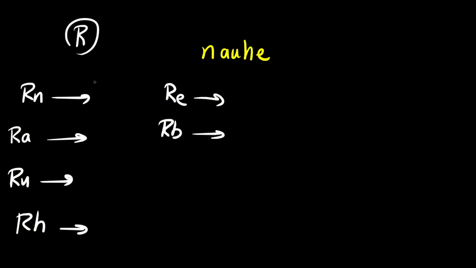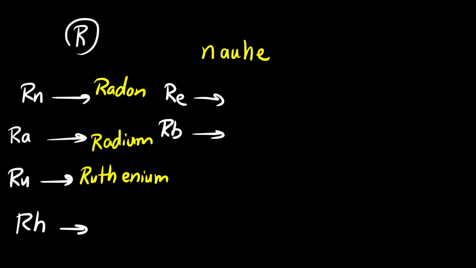RN is radon, RA is radium, RU is ruthenium, RH is rhodium, RE is rhenium, and RB is rubidium.